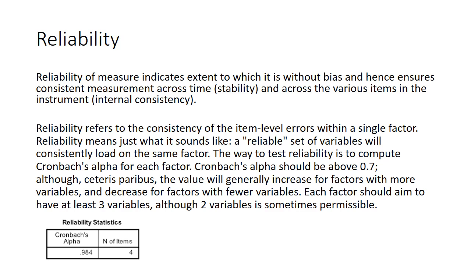Balancing means the same in different time periods and across the various items in the instrument, which is internal consistency. So consistency is the important point. You keep seeing consistency.